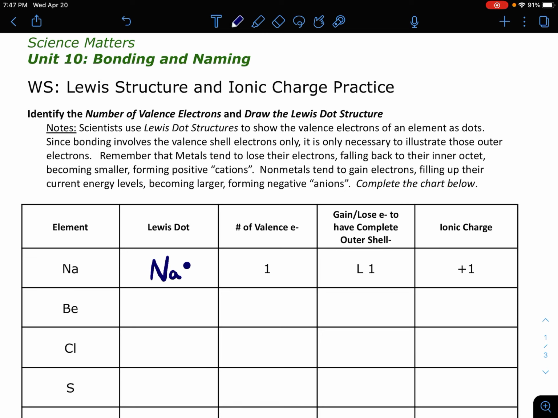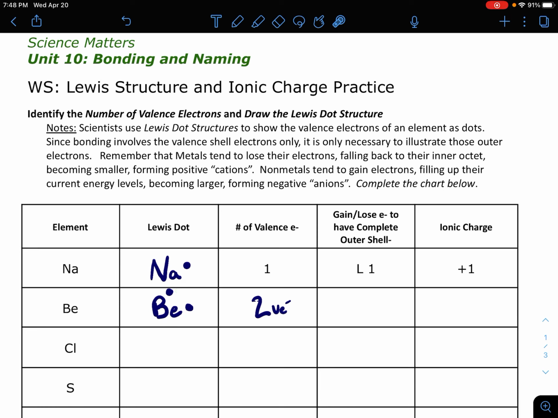Okay, let's take a look at the next one, beryllium. Beryllium is located in group 2 of the periodic table, so it's going to have 2 dots, because it's got 2 valence electrons. Much like sodium, beryllium's looking to get 8, so it can either try and steal 6 from somewhere else, or it could just lose those 2 outer electrons.